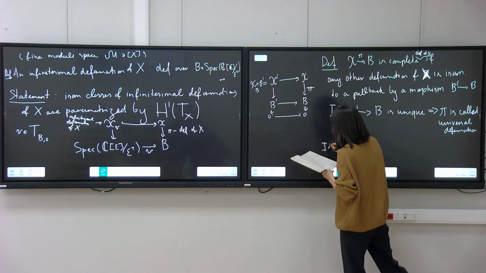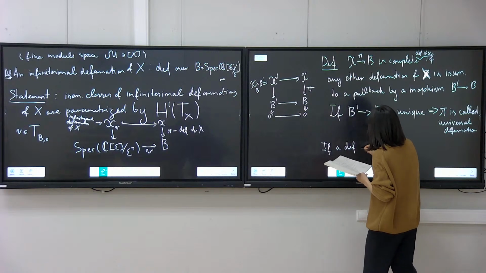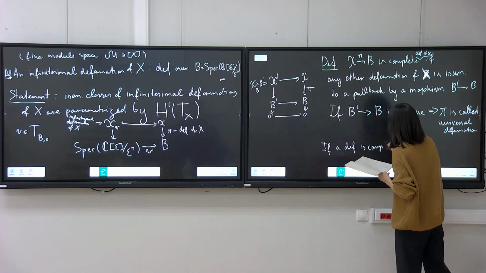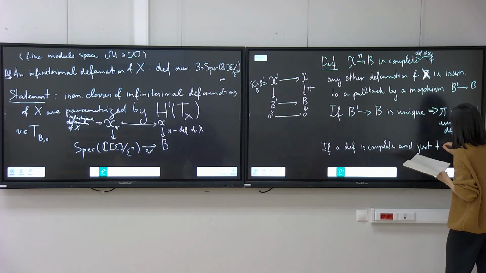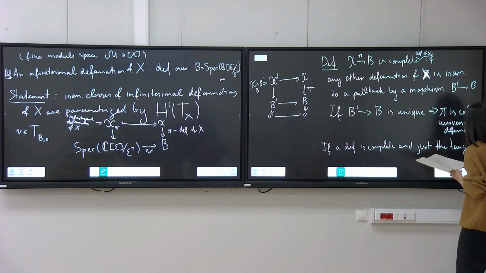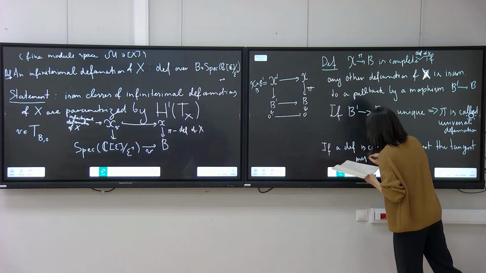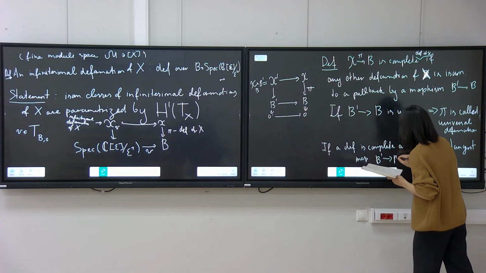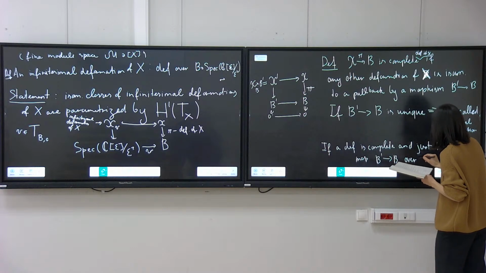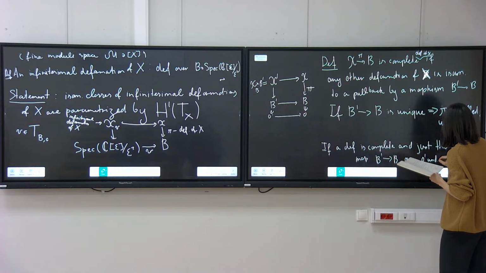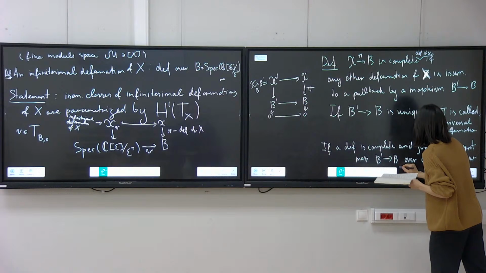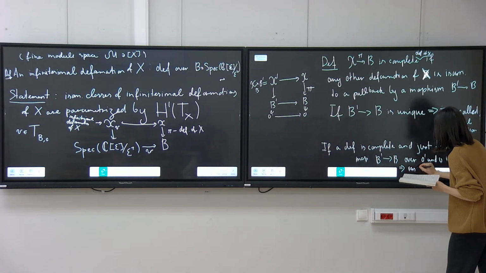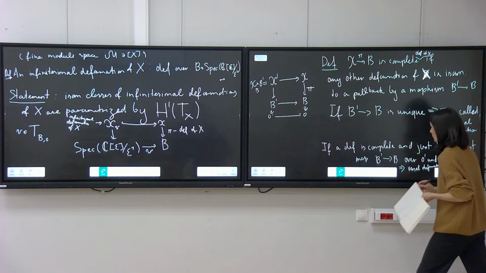So if a deformation is complete and just the tangent map over the distinguished point is unique, then this is called a versal deformation. So what does it mean?